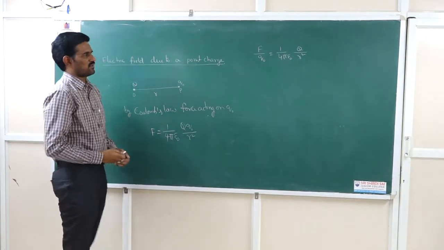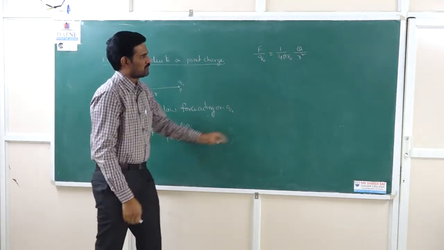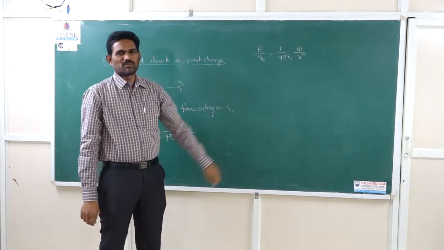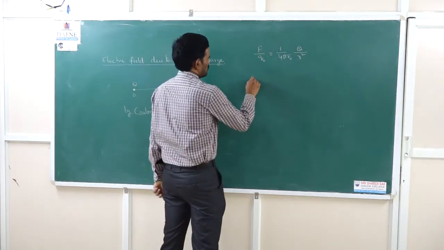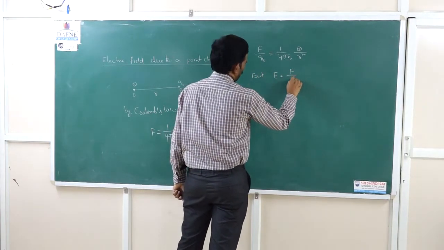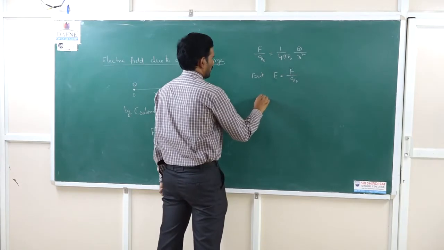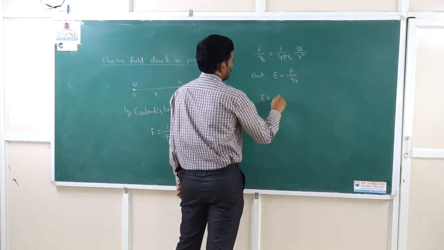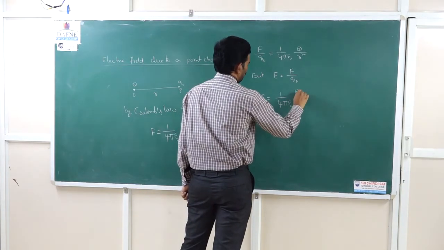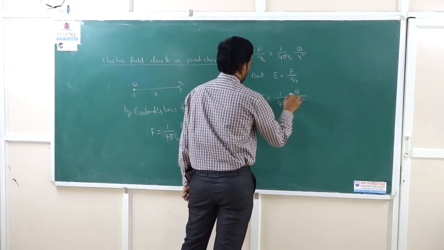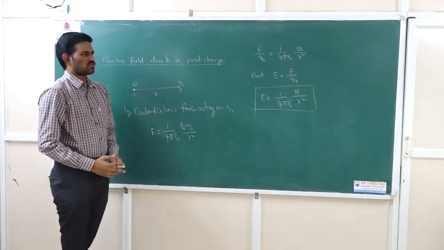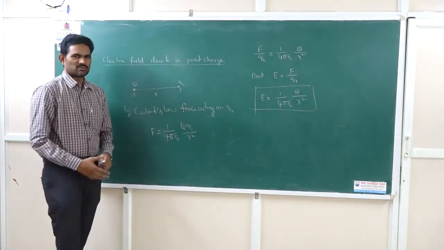According to our definition of electric field strength, this F by Q0 is nothing but the electric field strength, E is equal to F by Q0. Therefore, the electric field strength is E is equal to 1 by 4 pi epsilon naught into Q by r square. That is the expression for electric field strength due to a point charge at a distance r.